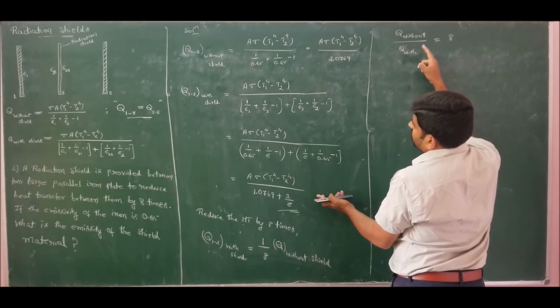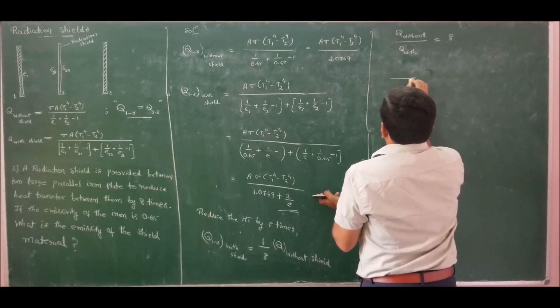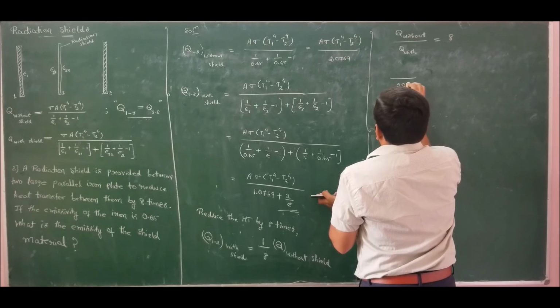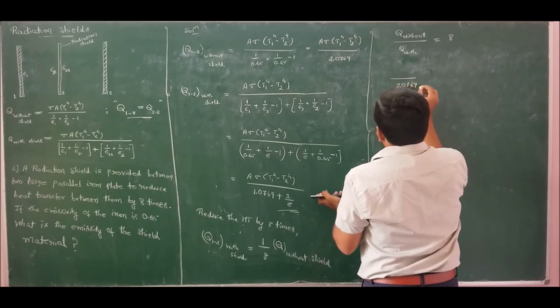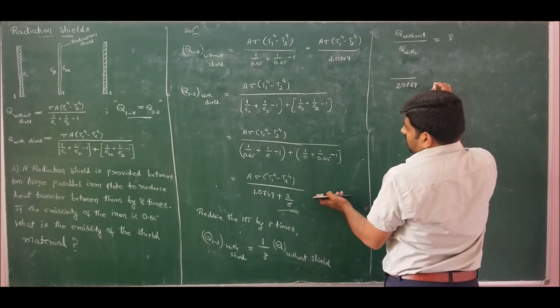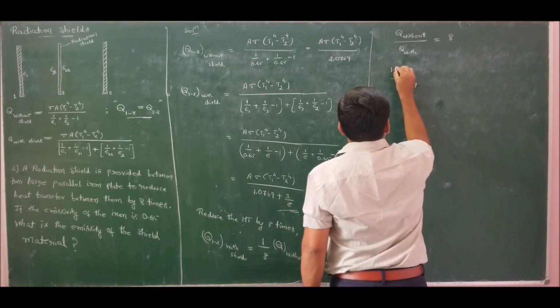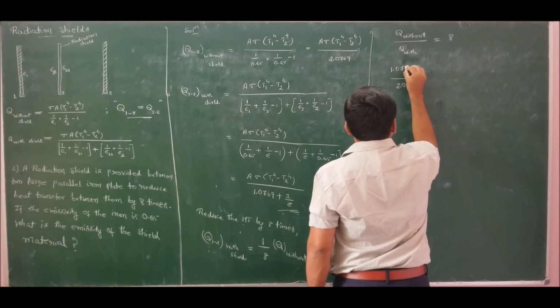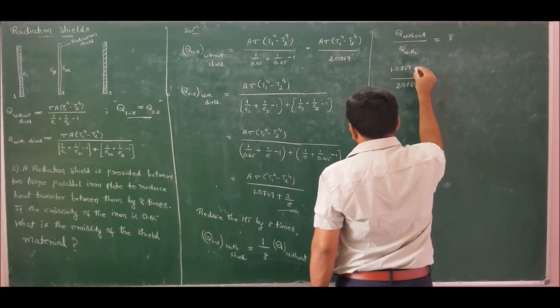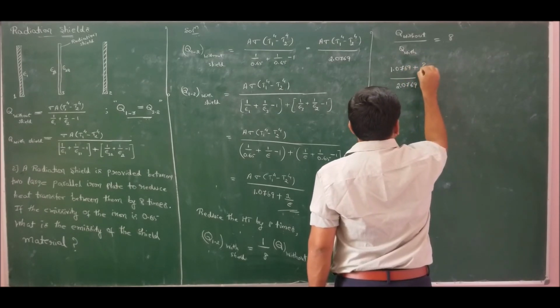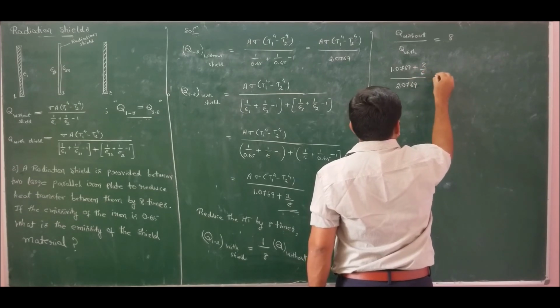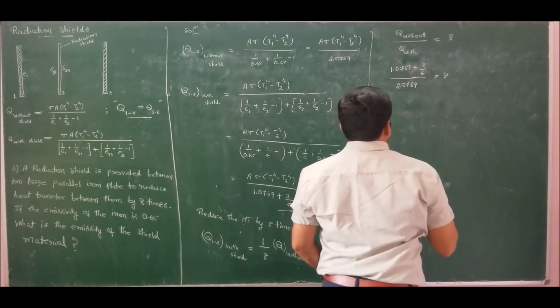The numerator is without shield, so it goes in the denominator as 2.0769 and the numerator will become 1.0769 plus 2 by epsilon. This is equal to 8.